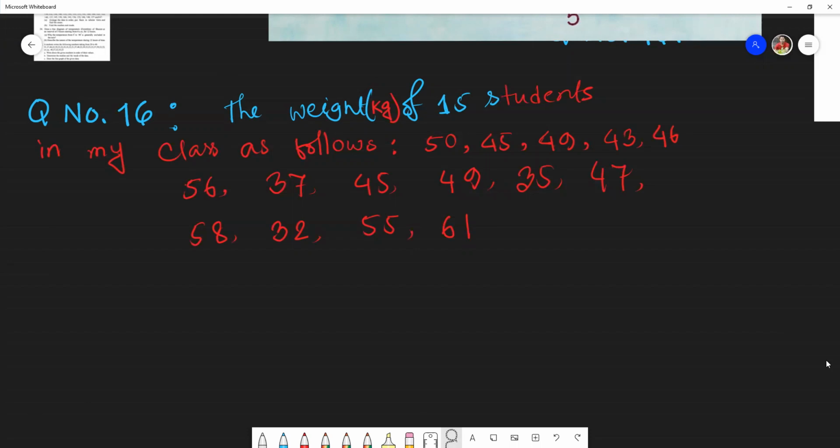Is there your weight? Check whether your weight randomly falls within any of these numbers here. This information is from class 6 students. No. Okay. Did you complete? Almost. Okay.